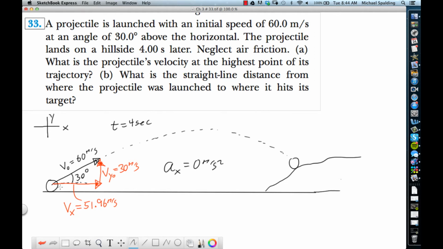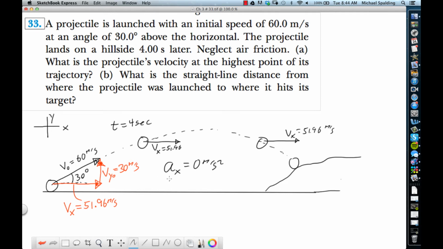When the ball is first kicked, what's the starting x velocity? 51.96. What's the x velocity going to be right here? 51.96. What's the x velocity going to be over here? 51.96. The x velocity stays constant, which is not true in real life. In real life, there's air resistance, but we always assume no air resistance.